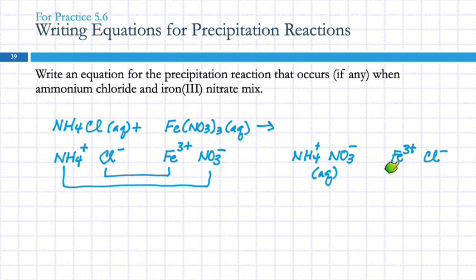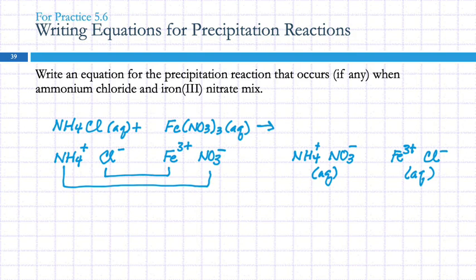Well, what about iron and chloride? If we go down a little bit further, we see iron, chloride, bromide, and iodide. Those are also mostly soluble. There are a couple of exceptions, but iron is not one of them. So this is also a soluble compound.